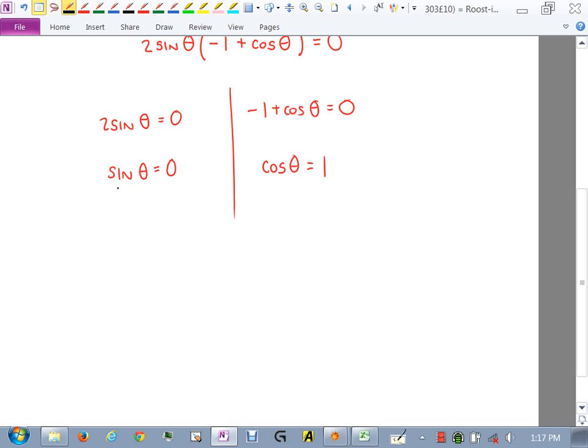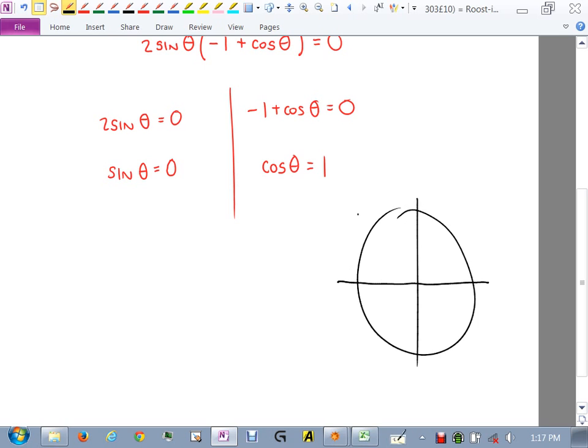I go to the unit circle because I know sine being 0 is one of the unique values on the unit circle. Cosine being 1 is also one of the common values. So if we go back to our unit circle, and we remember that if you're given a point (x, y) on the unit circle, x is always cosine of the angle and y is always sine of the angle.